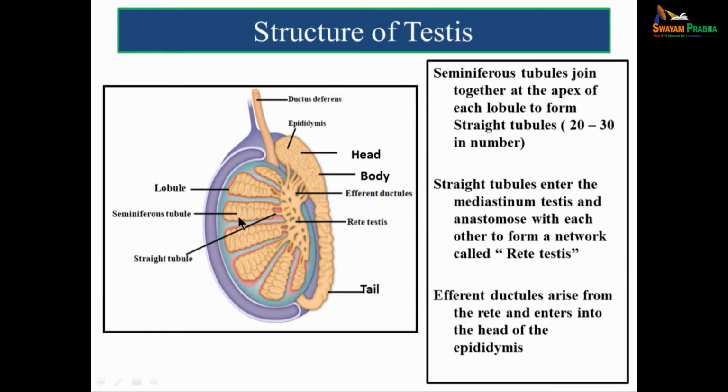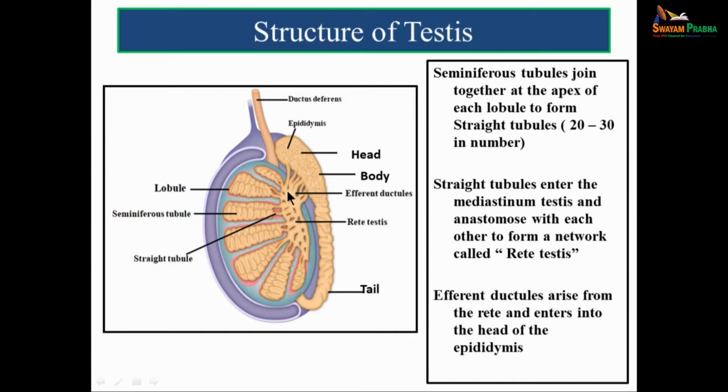These seminiferous tubules join together at the apex of each lobule to form 20 to 30 straight tubules. These straight tubules enter the mediastinum testis and anastomose with each other to form a network called the rete testis.